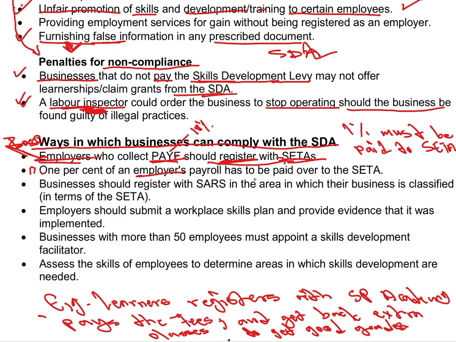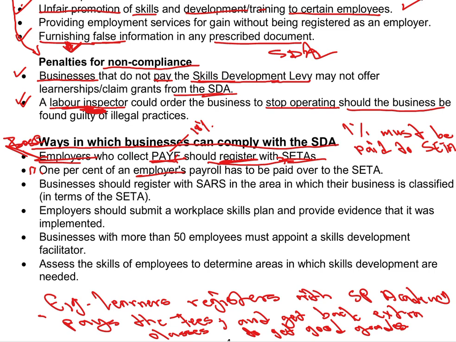So these are the ways a business can comply. 1% of employers' payroll must be paid over to SETA. You done? You can take the third one.